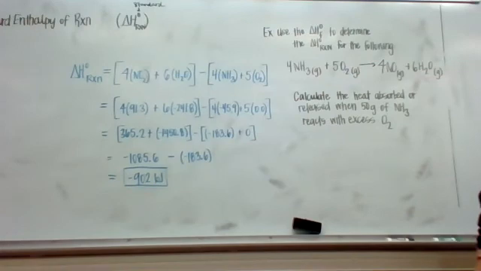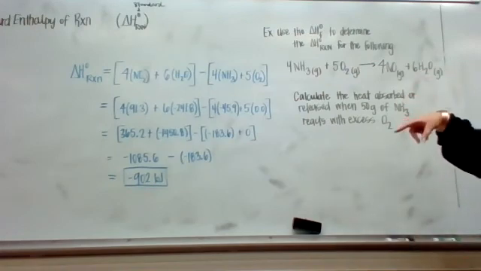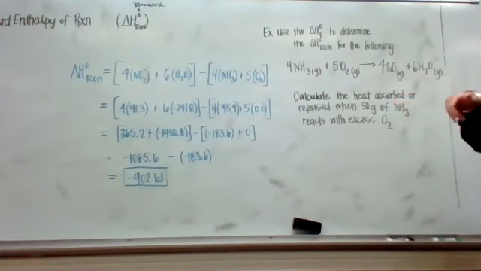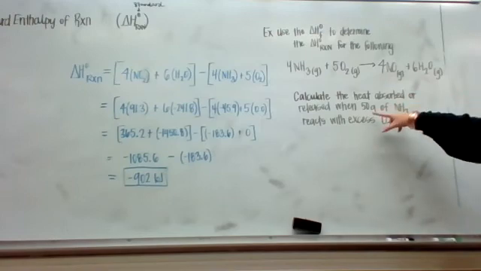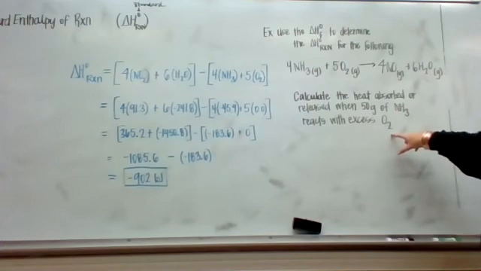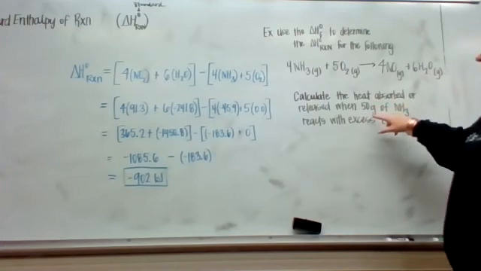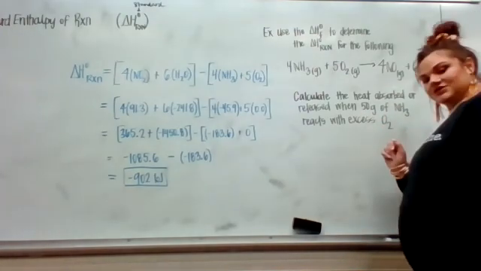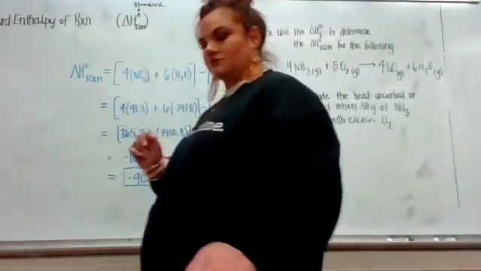Okay, so part B of this could be: calculate the heat absorbed or released when 50 grams of NH3 reacts with excess O2. That means I don't have to worry about how much O2 is present. I know it's in excess. So let's do that.